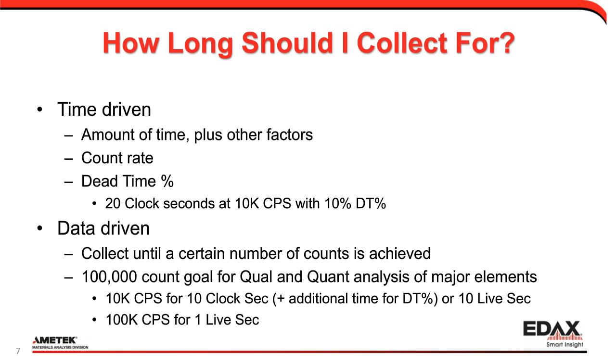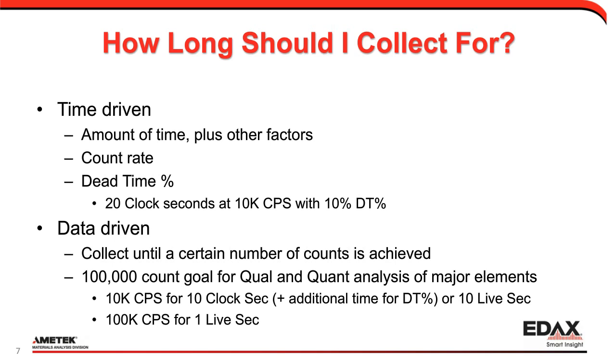And if you have trace elements present in your sample, where you have maybe less than 1% of an element, and you want to do detection of those trace elements, you might want to collect 300,000 to 500,000 total counts in your spectrum, maybe even longer if you're doing quantitative analysis, because of course the error is going to decrease the longer that you collect for, the more counts you have in your spectrum.